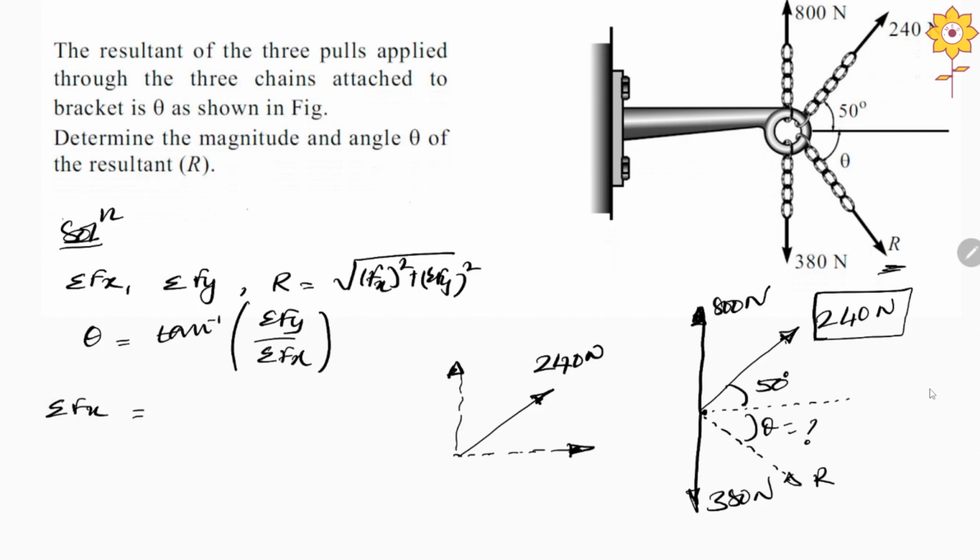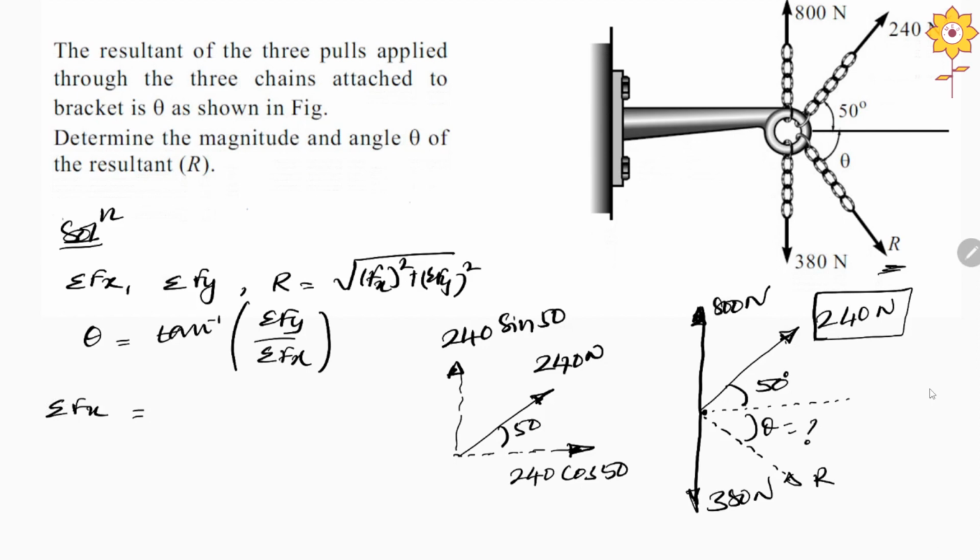Since it is making an angle of 50 degrees with the horizontal axis, the horizontal component is 240 cos 50 and the vertical component will be 240 sin 50.